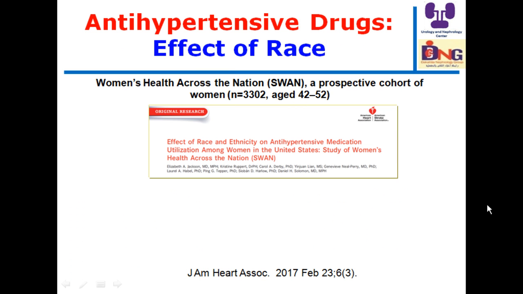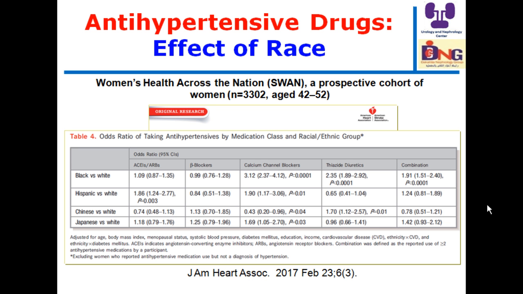This is the Study of Women's Health Across the Nation, a prospective cohort study that included 3,000 women, discussing the effect of race and ethnicity on antihypertensive medication utilization among women in the United States. So these are the main results. Among this larger cohort of multicentric midlife women, use of antihypertensive medications increased over time, with angiotensin converting enzyme inhibitors or ARBs becoming the most commonly used antihypertensive medication, even for blacks.